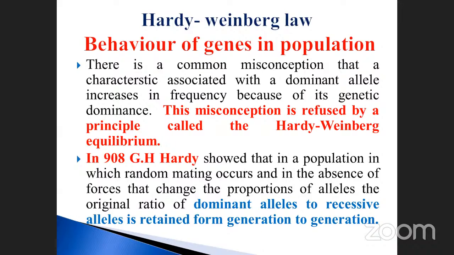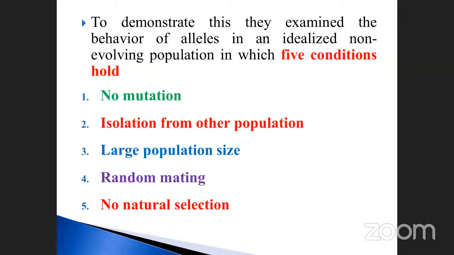So to demonstrate this, they examined the behavior of alleles in an idealized non-evolving population in which 5 conditions hold. Suppose you want to demonstrate these things, 5 conditions are required.